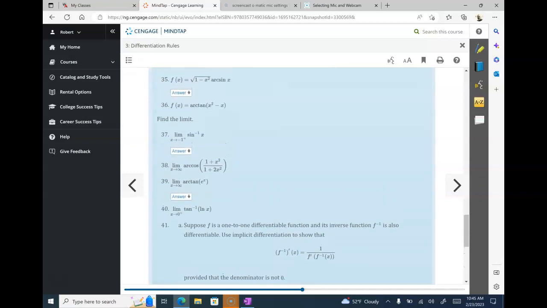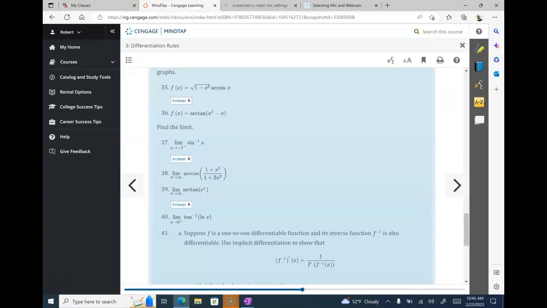Now let's say up to 39. Do problems in the book for up to number 39. Do the odds because you have the answers, right? Do one problem, look at the answer, see if you got it right. Yes? Ask for help. Don't waste time.